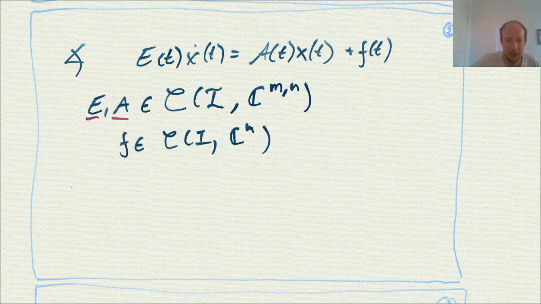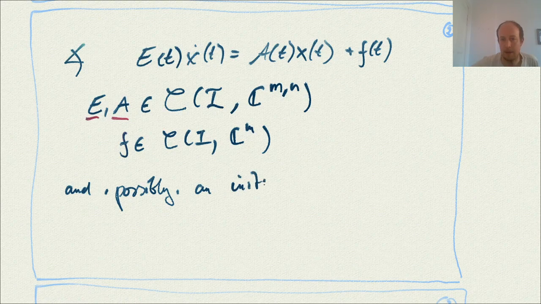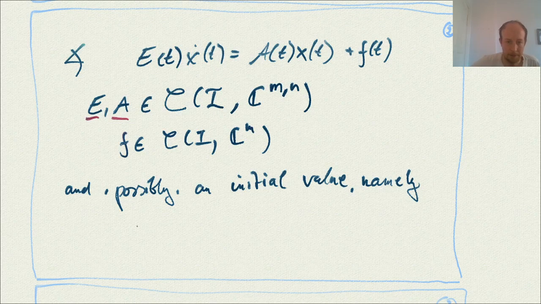We will also talk about the initial value problem and initial value, namely we will require x(t0) = x0, and this is some vector in R^n.